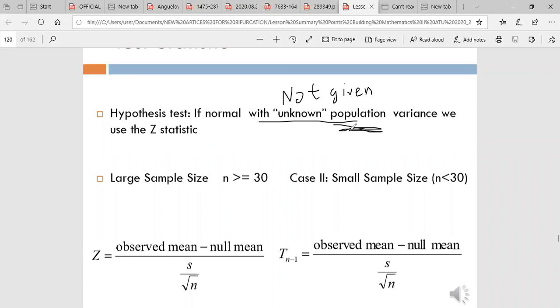We said that the estimator of the population variance is the sample variance, which is S squared, right? Good. So in the case where the population variance is not given, you have to first find the sample variance, which will be S squared.